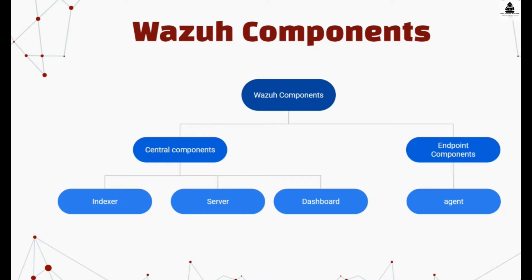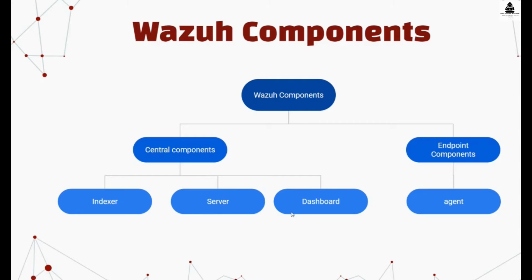Then we have the dashboard. Whatever is going on, we want to see that, and to see that we use the Wazuh dashboard, which behind the scenes is a Kibana dashboard. The endpoint is the agent, the Wazuh agent.